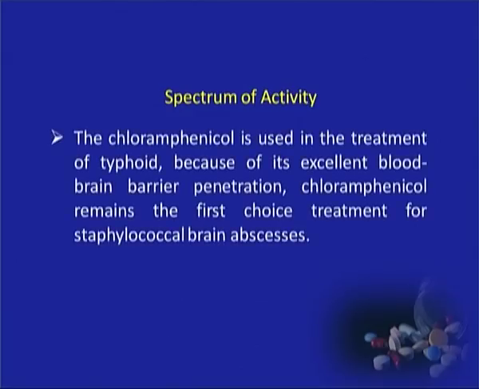Let us discuss the spectrum of activity of chloramphenicol. Chloramphenicol is used in the treatment of typhoid because of its excellent blood-brain barrier penetration. It remains the first choice treatment for staphylococcal brain abscesses.